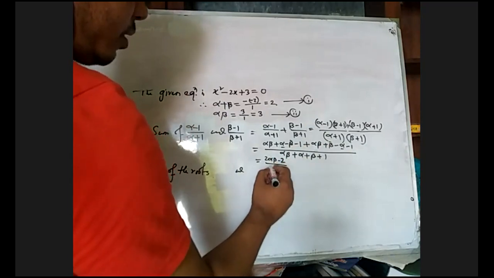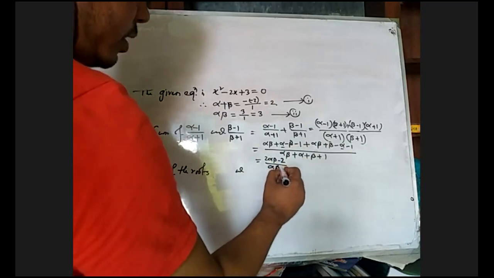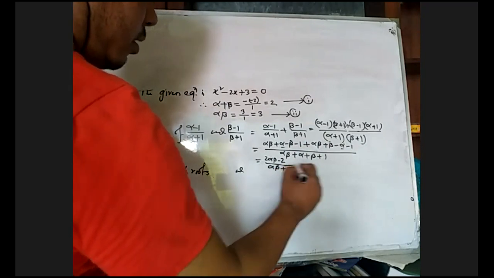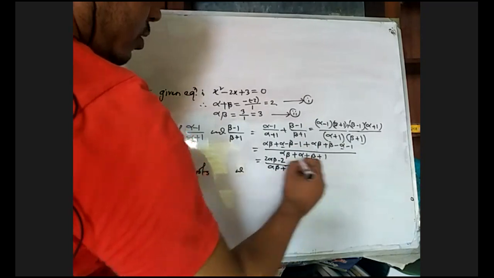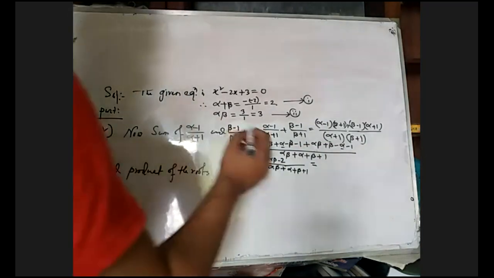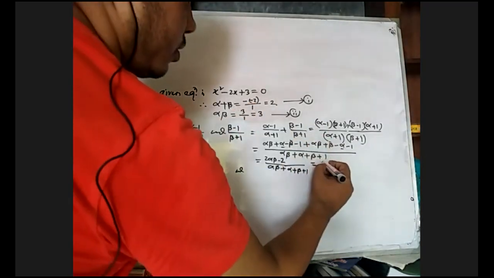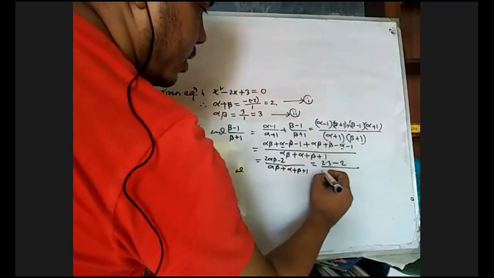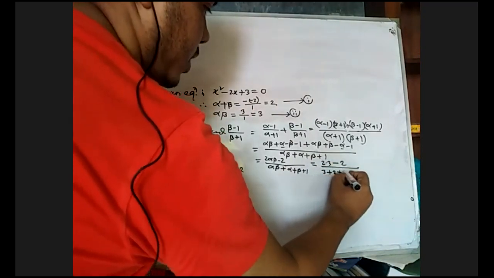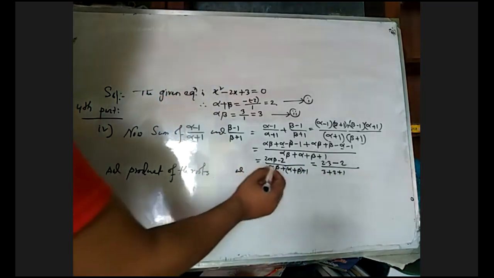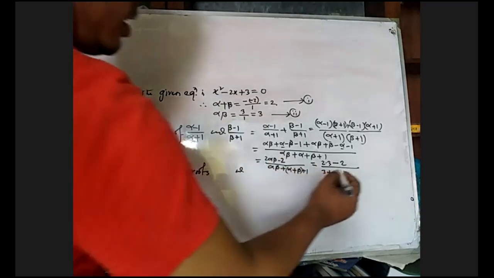Then alpha beta plus alpha plus beta plus 1. So now just putting the values, alpha beta is 3. So 2 into 3 minus 2 divided by 3 plus 2 plus 1. Alpha plus beta means 2, and alpha into beta, the product of the roots, is 3.